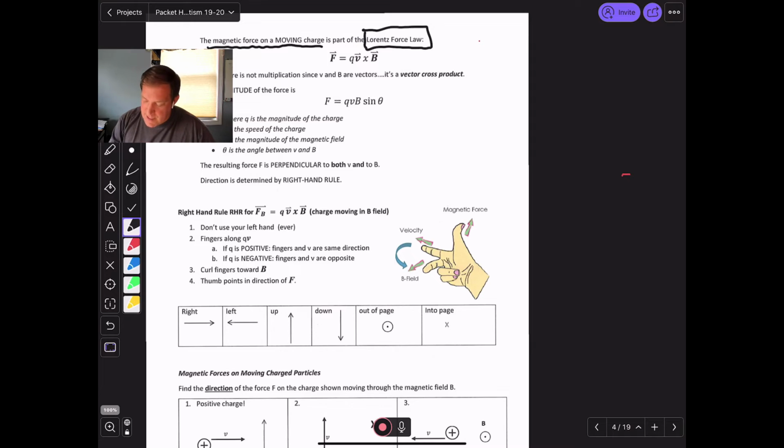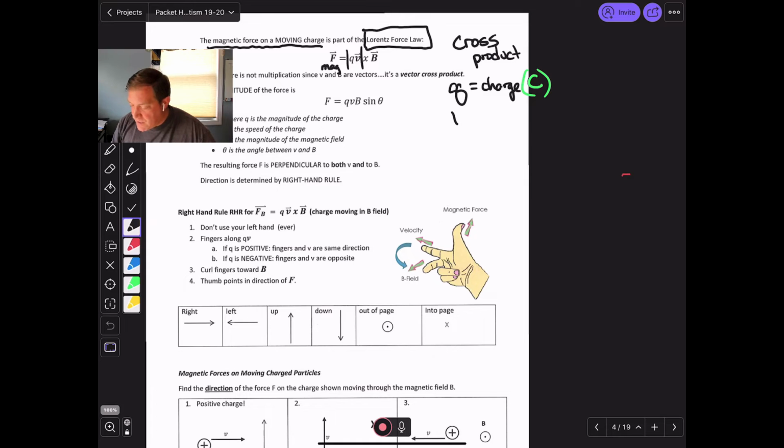Lorentz force law says that the magnetic force is equal to the cross product of two vectors. Remember the arrow that's on top of a letter? Well, what's the first vector? Well, the first vector is qv. I know what q stands for. Q is equal to the charge. It's the amount of charge, and that's in coulombs.